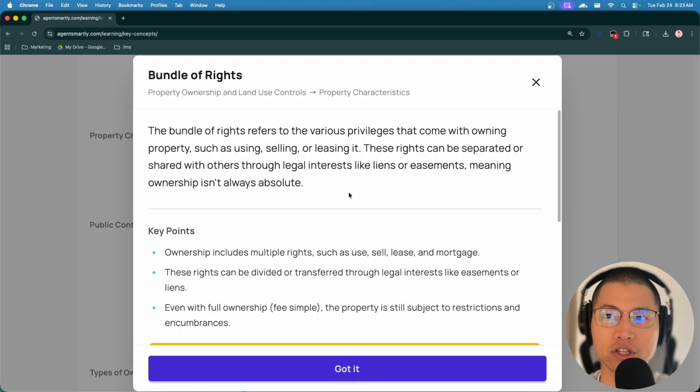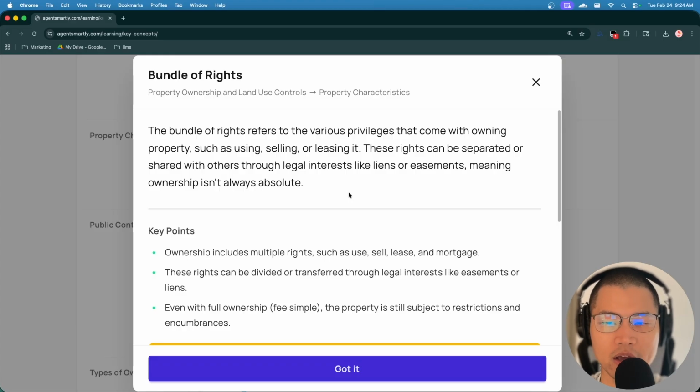A lot of students, I know, are confused about the bundle of rights versus title, versus the document, the deeds. Those are more like legal documents, and this is an abstract concept of rights. It's not tangible, but it comes with ownership.